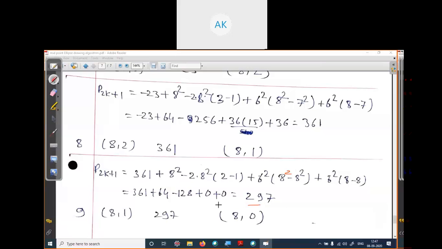You will get 297, and again it's a positive number, so y changes by a unit interval, 1 will become 0, and x is still xk plus 1 equal to xk, so 8, again 8. As you have reached y equal to 0, you will stop calculating for region 2.